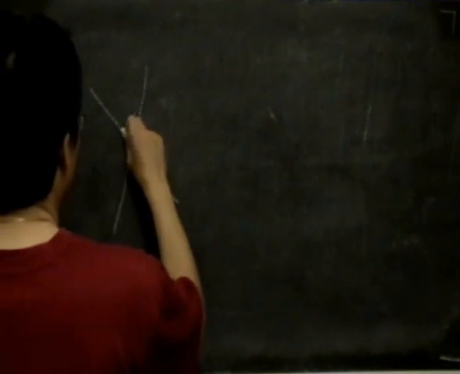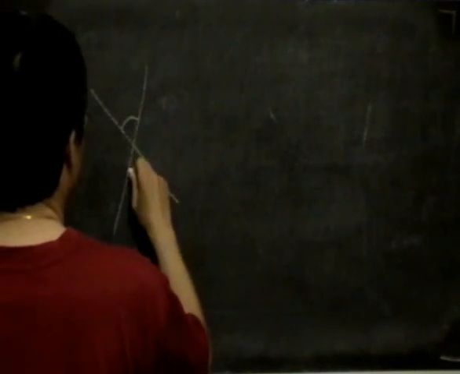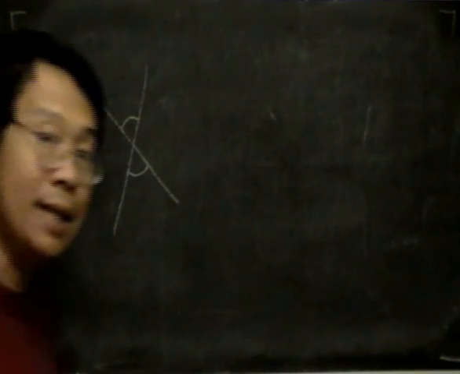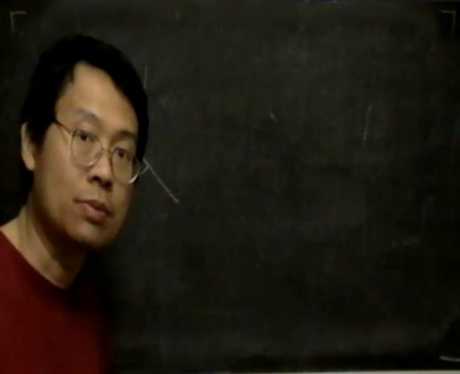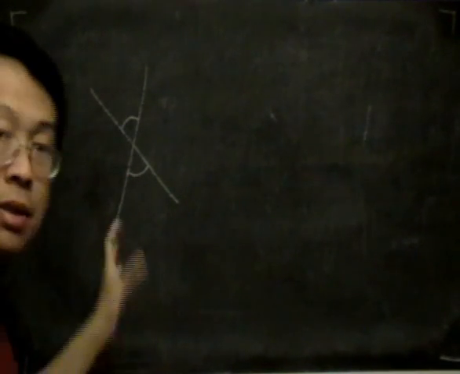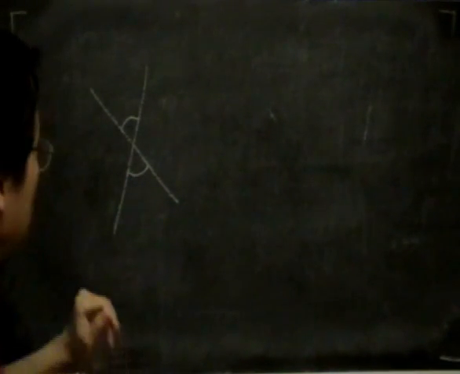Now I'm going to look at just two of them, one there and one there. Now you can guess that these two angles should be equal. Okay, they look equal, they look symmetrical. So in fact they are.